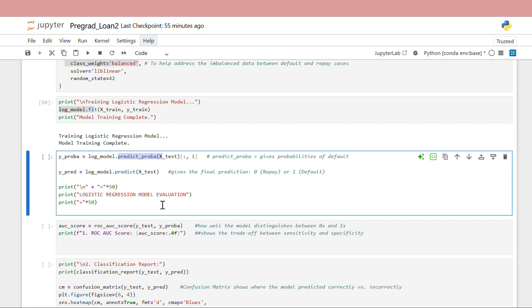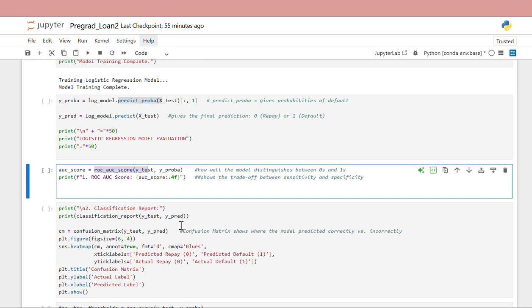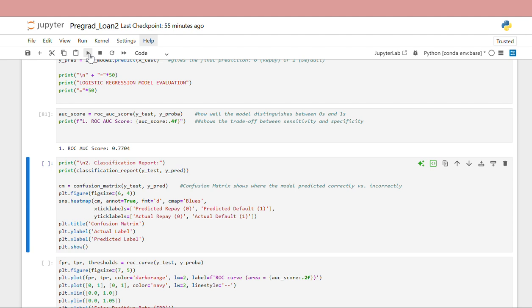The ROC score measures how well the model can separate the two classes, repay versus default. A higher score means better performance. After running it, the ROC AUC score is 0.7704.